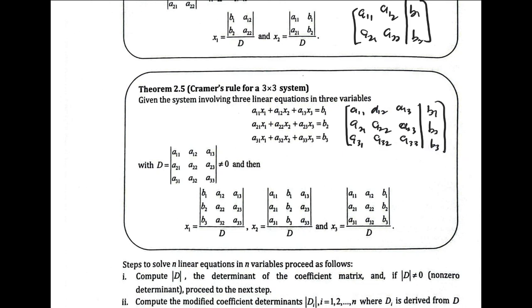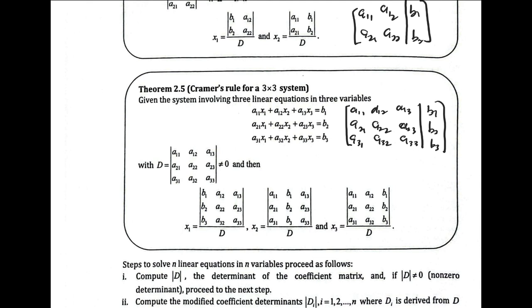So in the case of a 3 by 3 system, the same idea applies. First, we look for the determinant. When it is 3 by 3, we can use cofactor expansion, where you choose one column or row, conduct cofactor expansion to get the determinant, and make sure that it is not equal to 0 for us to be able to look for x1, x2, and x3 later on.